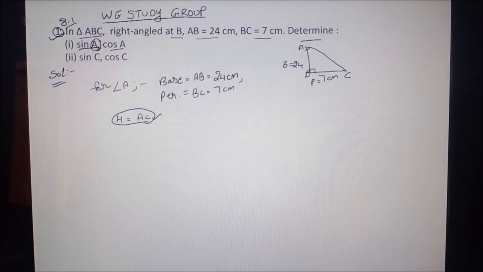Now using Pythagoras theorem, AC square is equal to AB square plus BC square. So AC square is equal to AB the value 24 centimeter, 24 the square, plus BC square, value of BC 7 the square.